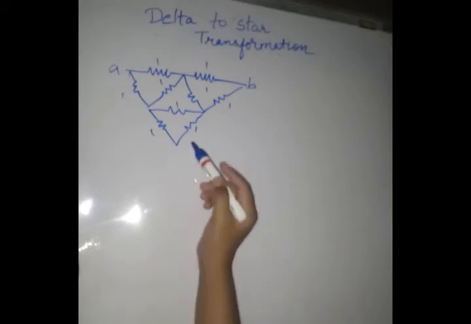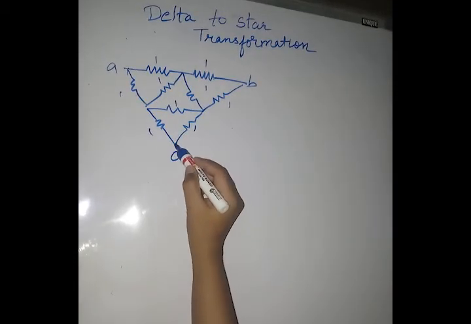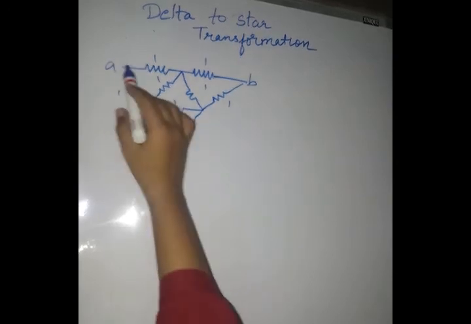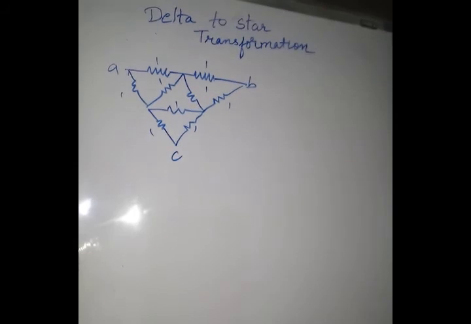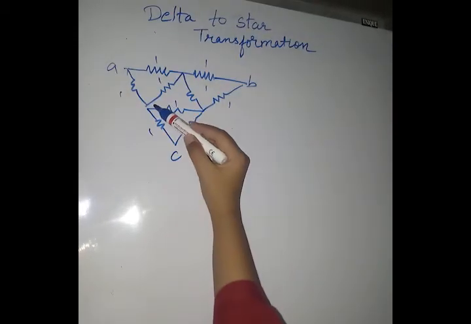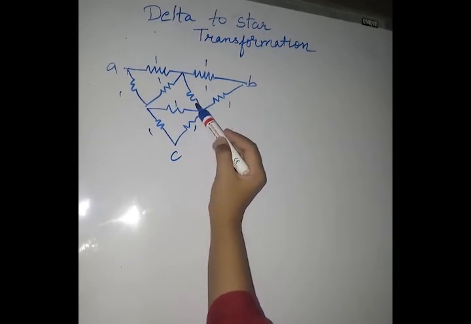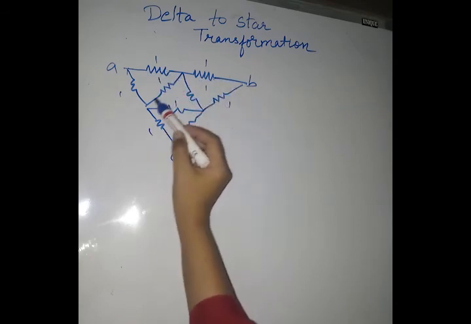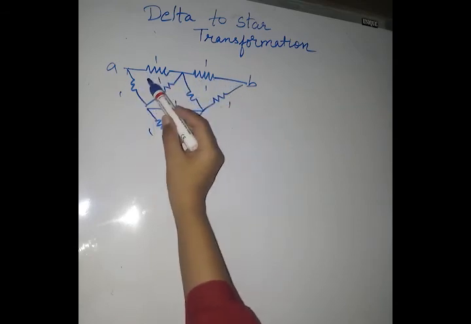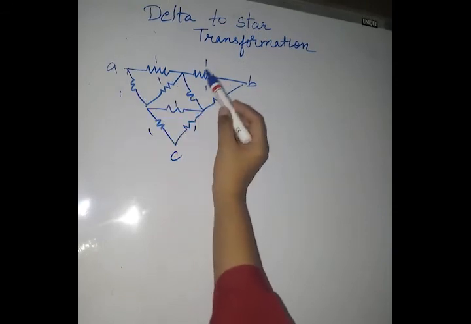So here we can see that, okay, we need to reduce the circuitry to these terminals, that is ABC. See, this is a star connection, see, this is a delta connection and this is a delta connection, right? So we will convert this delta into star, this delta and this delta.